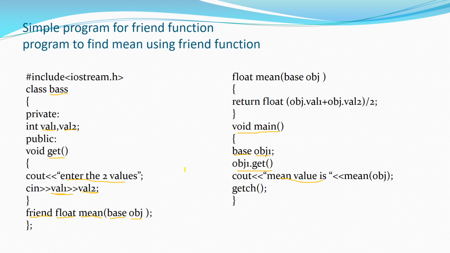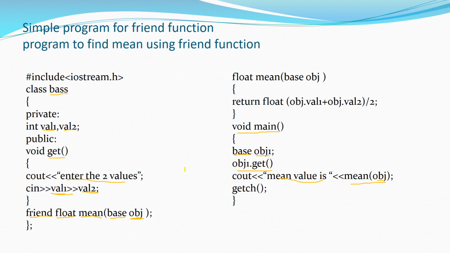I'm going to find the mean value, where I already told you that the friend function is called like a normal function, where I pass a parameter. The parameter is nothing but an object which I have created in the class itself.